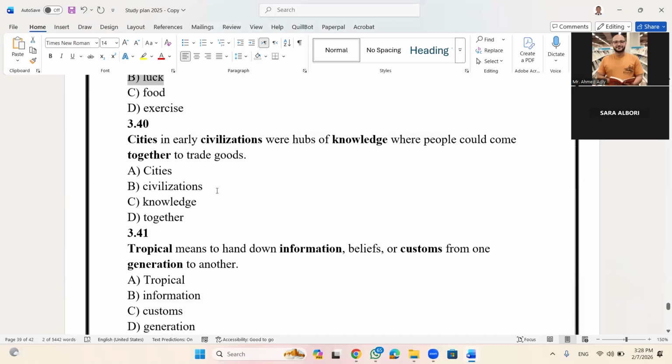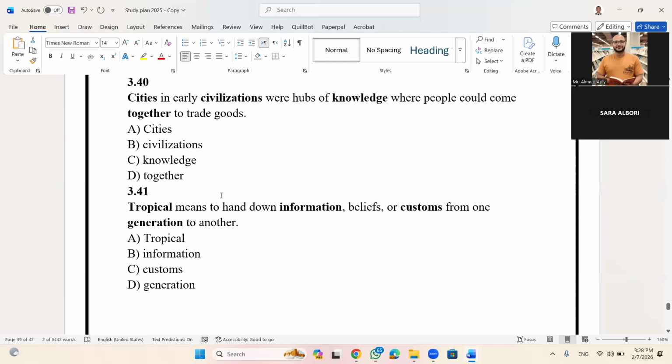Yeah, health. Next: cities in early civilizations were hubs of knowledge where people could come together to trade goods. By the way, if you couldn't get the wrong word, you missed one step. Step number one, ask yourself, what is the sentence about? The sentence is about cities and towns in early civilizations.